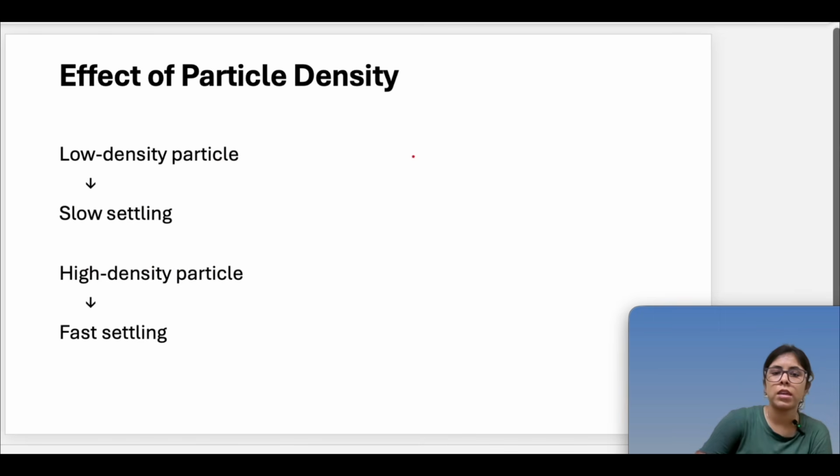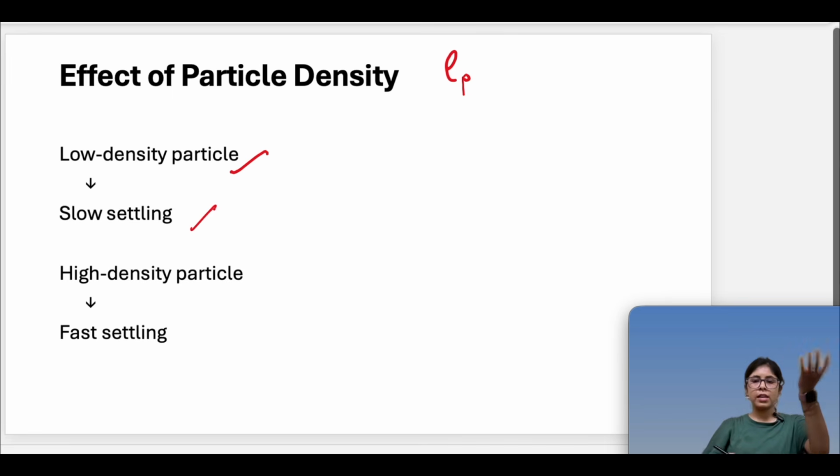Now, if I want to see the effect of particle density, rho p is the particle density. The lower the density, the slower the settling, right? If it is a lighter particle, it will take some time to settle down, and if it is a higher density particle, it will settle fast. But this is the density of the particle, and where is this particle?